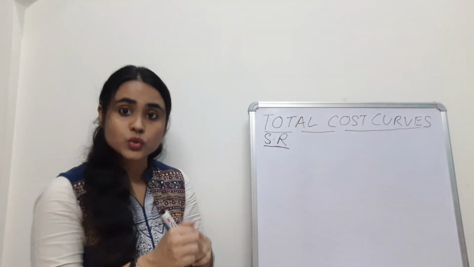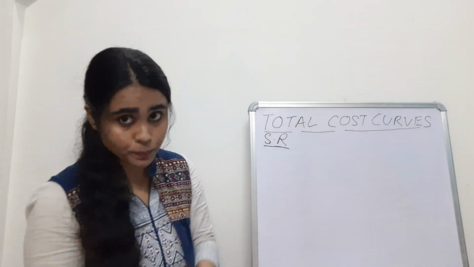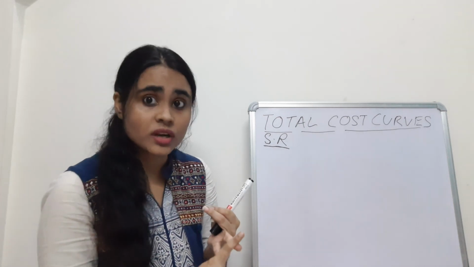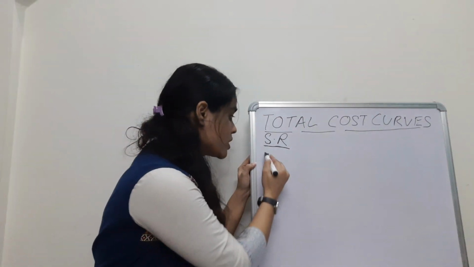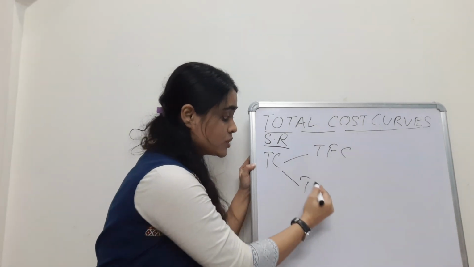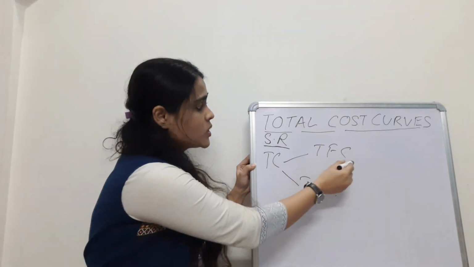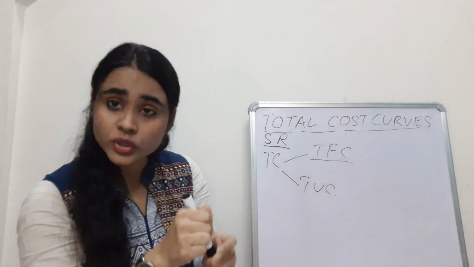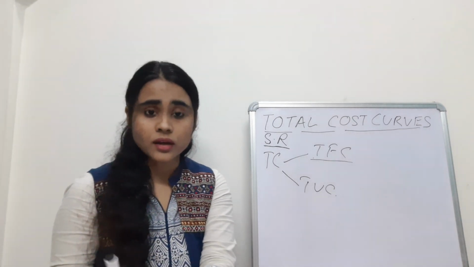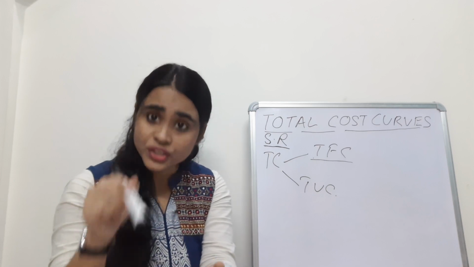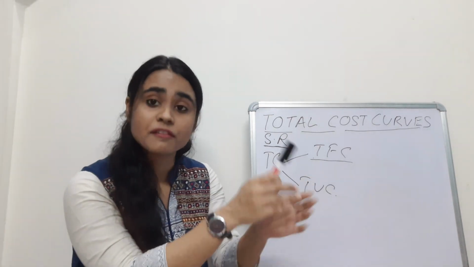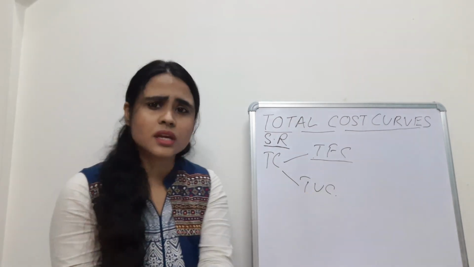Here the total cost is subdivided into two parts. First is total fixed cost and the second is total variable cost. So total cost, total fixed cost and total variable cost. Now what is total fixed cost? Total fixed cost refers to the cost incurred by a firm on using the fixed inputs or the fixed factors. What are the fixed factors?